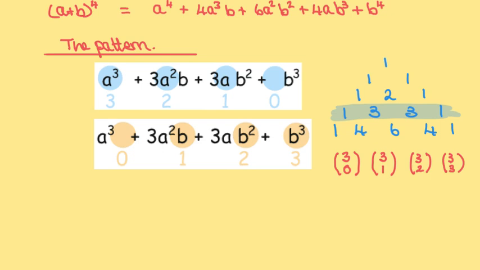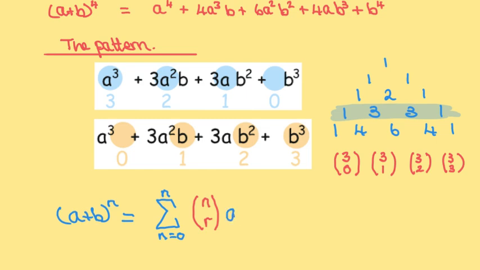We can now start to generalize for any expansion of a plus b to the power of n. We are going to sum a series of terms from r equals 0 to n. The coefficient is n choose r.